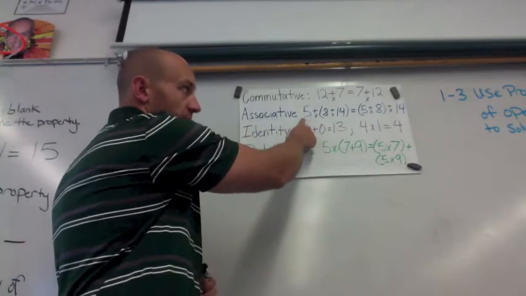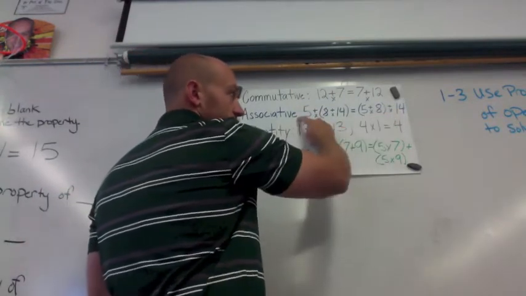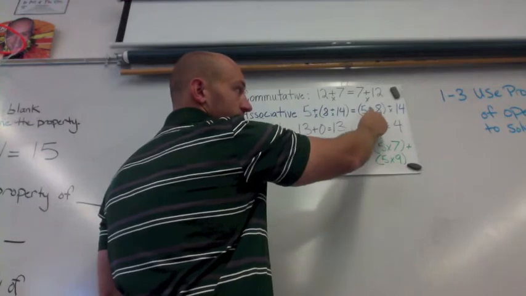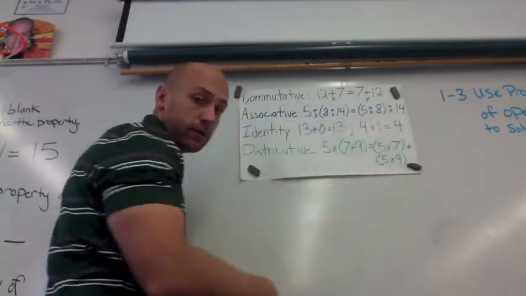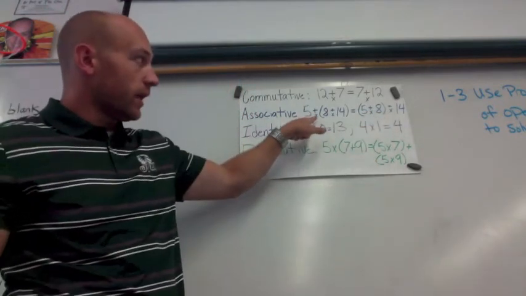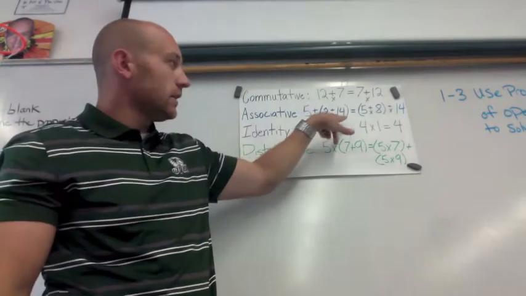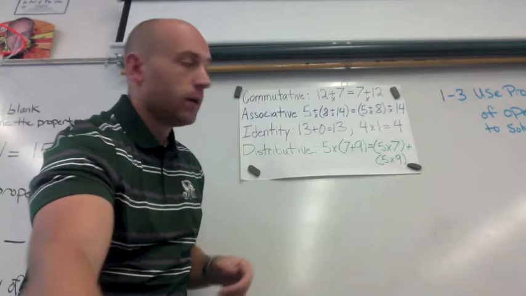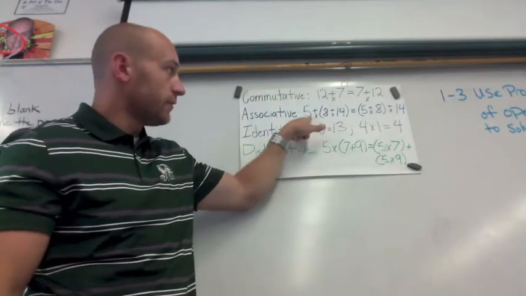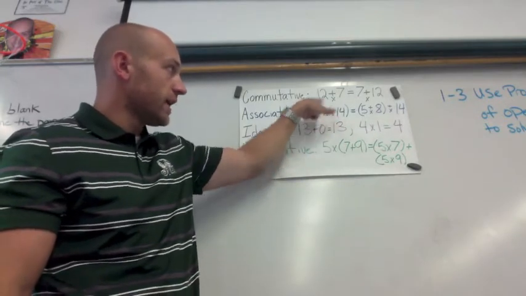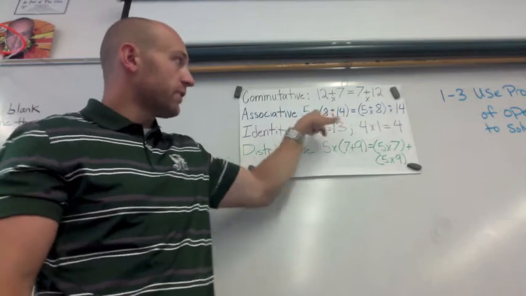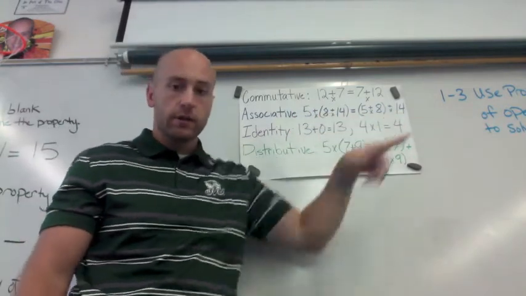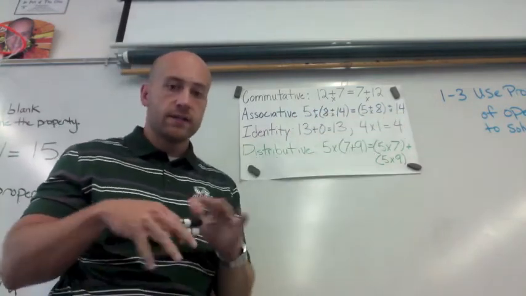You could add the 5 plus the 8 first and then add the 14. Or you could do 14 plus 5 and then add the 8. It's up to you. Same with multiplication. You're going to get the same answer.